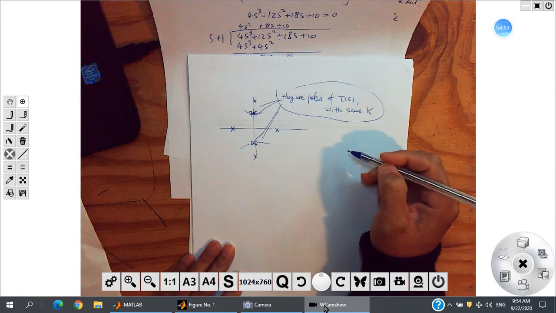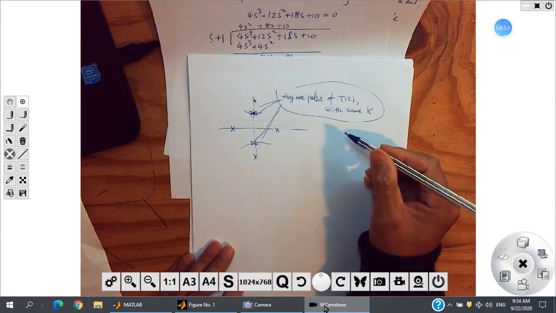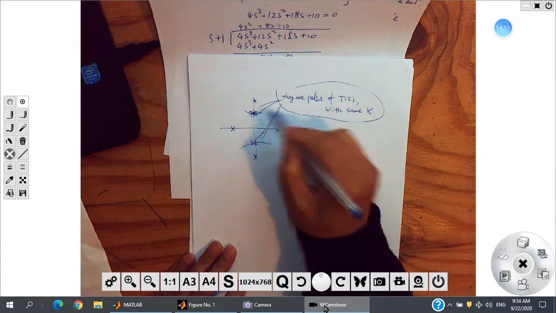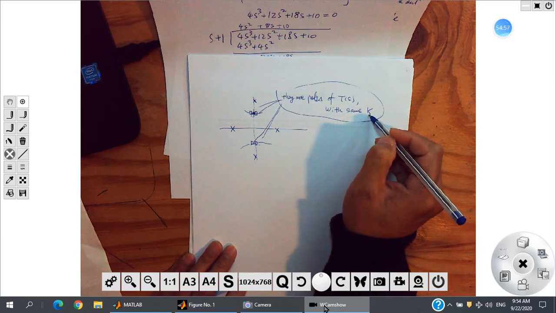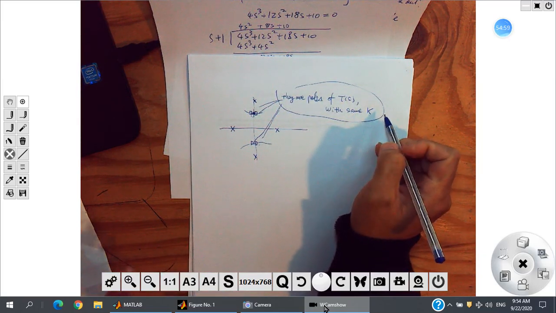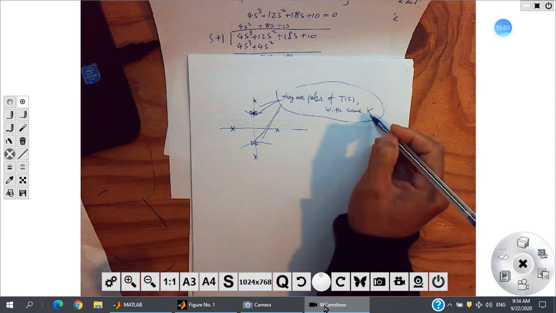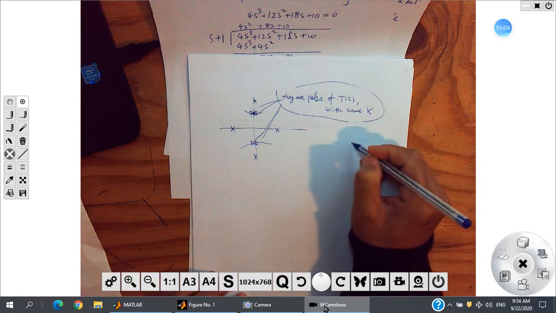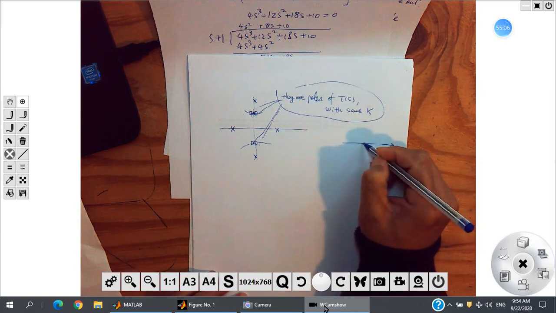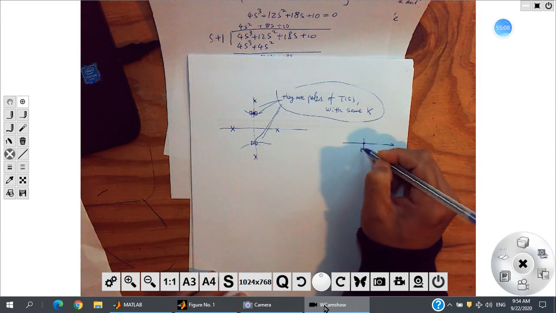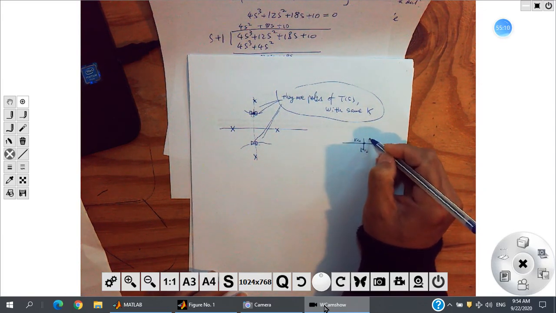And then how to calculate the angle? You think this is k equal to 0 is here, and this side is k less than 0. This side is k positive.